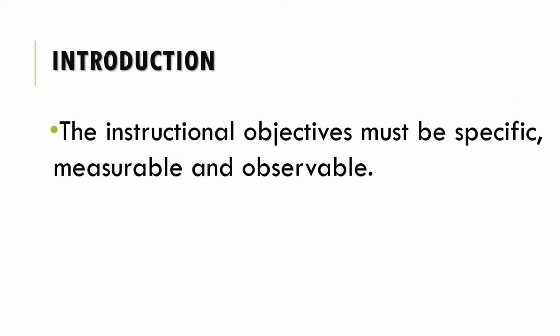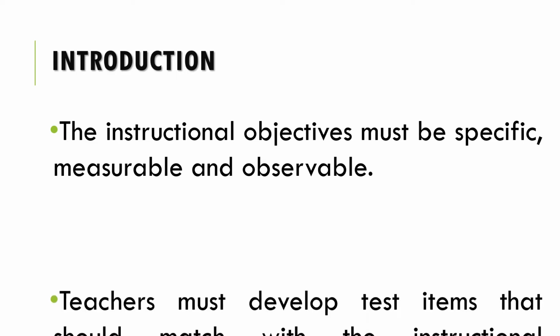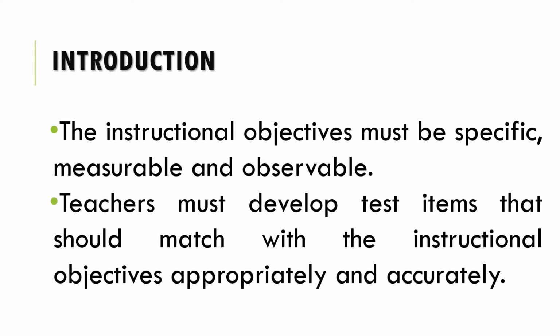Okay, so in the previous lesson, we have discussed the process of developing instructional objectives. As discussed, the instructional objectives must be specific, measurable, and observable. Teachers must develop test items that should match with the instructional objectives appropriately and accurately.